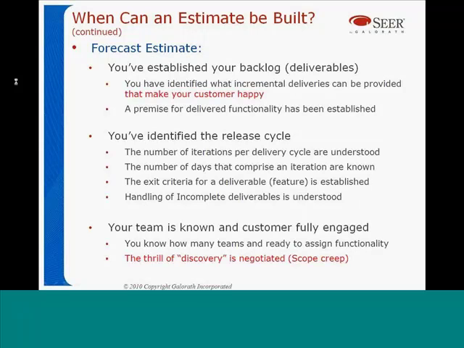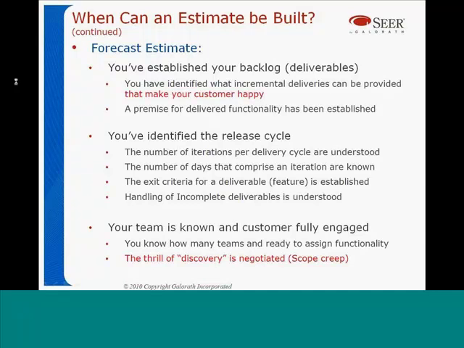Could you do this? Or can we do it this way? In which case, that's fine if it's within your iteration cycle. But a lot of times that thrill of discovery really percolates up to a much bigger feature, a much bigger requirement than what was originally negotiated during the iteration process. So you have to decide if this is something that's going to go into a backlog pile for the next iteration, or maybe even moved out to a future release of some sort.